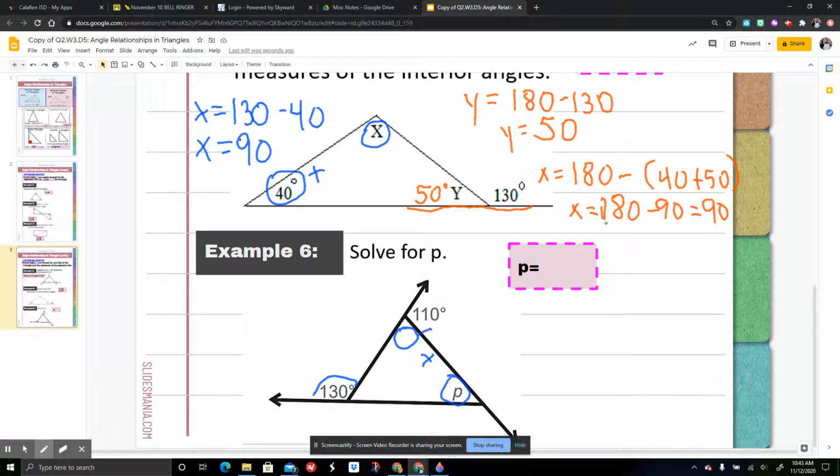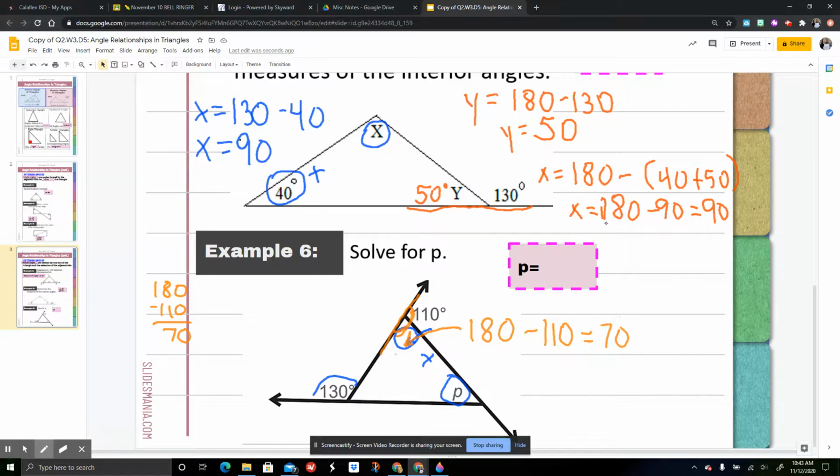So if we found this one, we could subtract it from 130. Well, how will we find this one? Well, if you notice, 110 and this angle together form this straight line. So we can find this angle by doing 180 minus 110. And when you do 180 minus 110, you get 70.